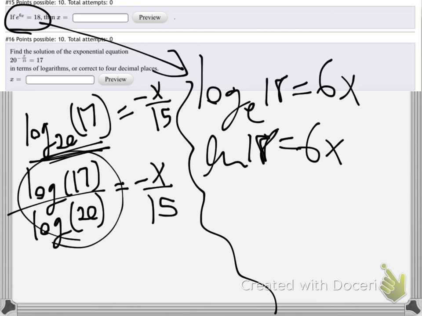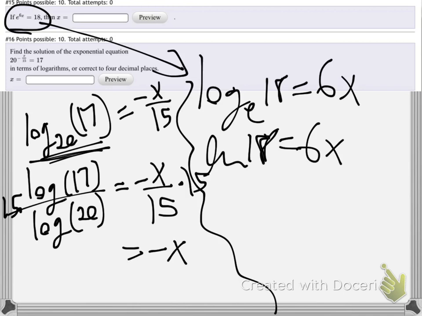Remember, once you get the answer to this mess with the logarithm stuff, to solve for the x, we'd probably times by 15 on both sides. And then we'll have to just put a negative on it to get rid of the negative from the x.